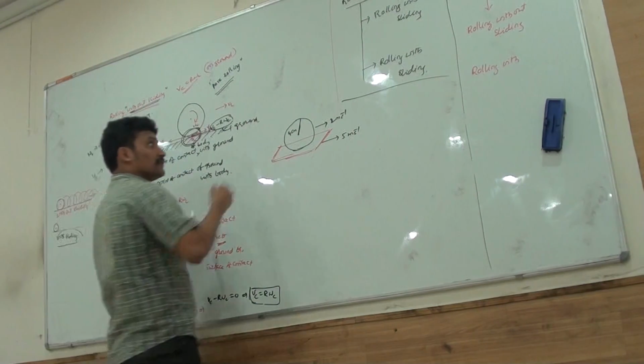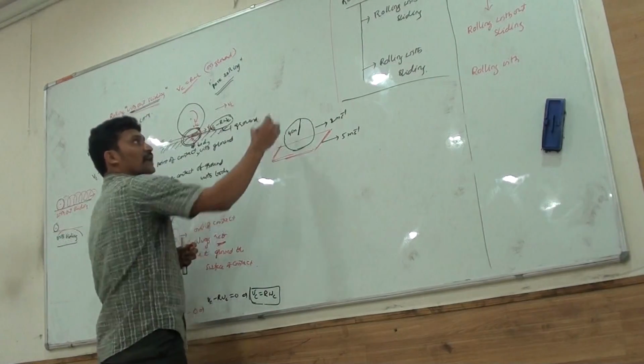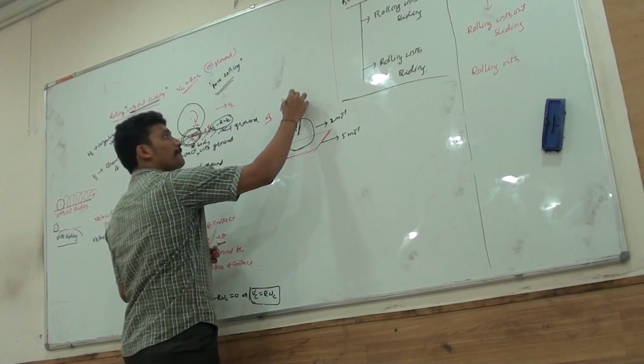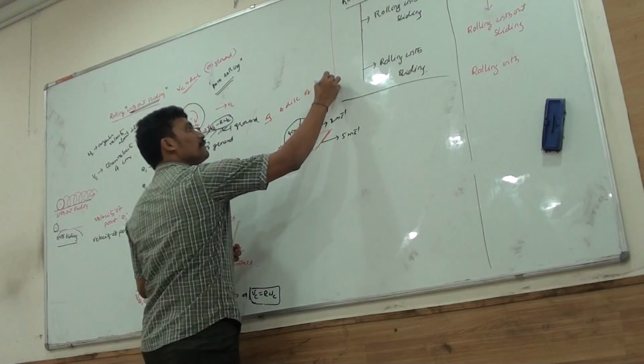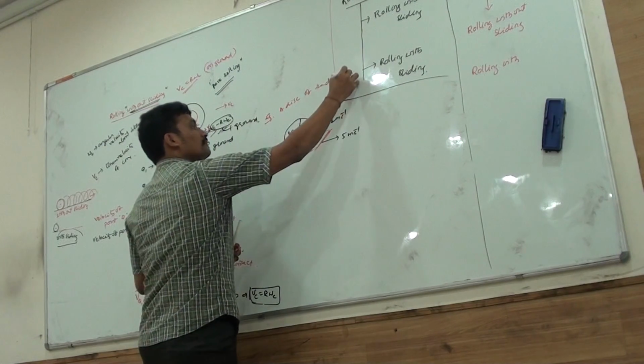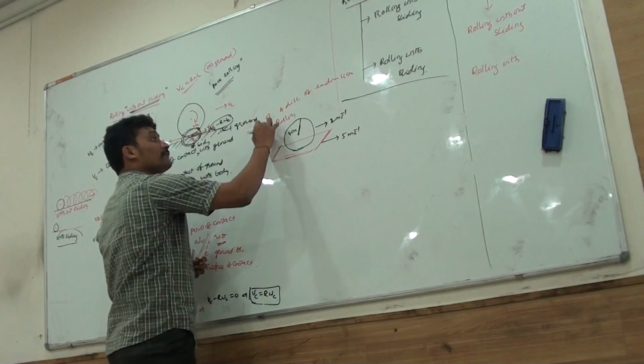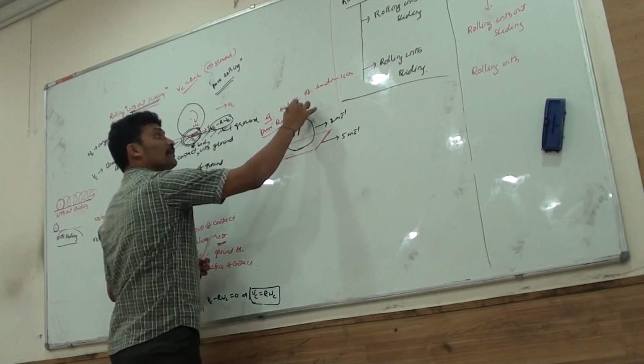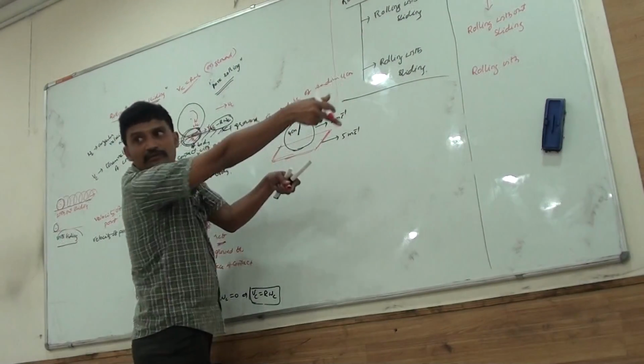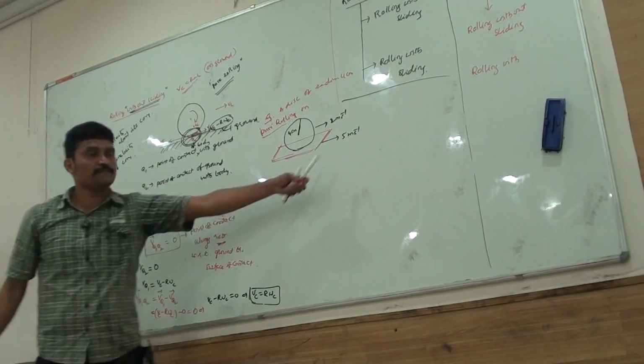It is rolling. That means another question: a disc of radius 4 centimeters is in pure rolling, that's the important point, on a platform which is moving at 5 meters per second.